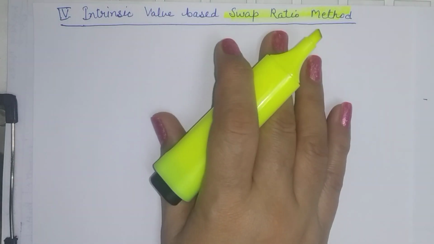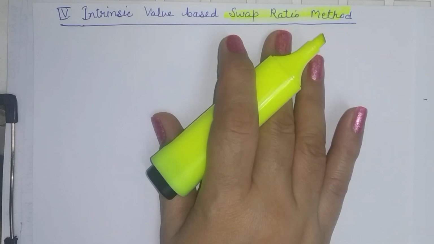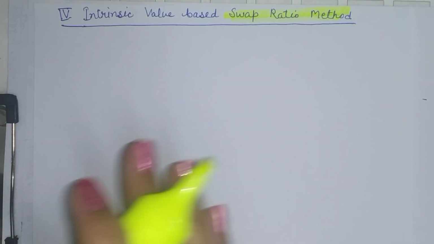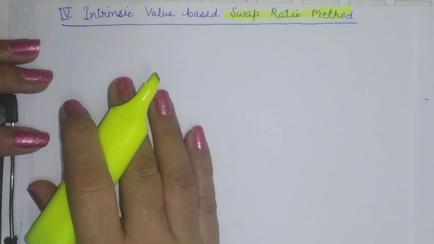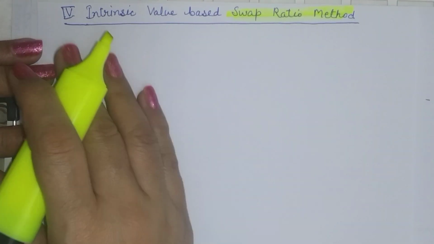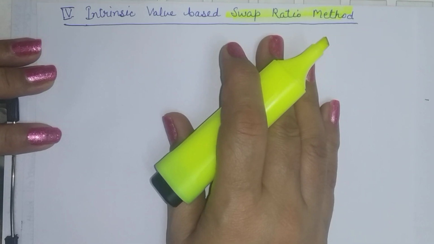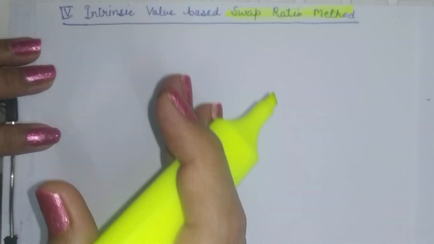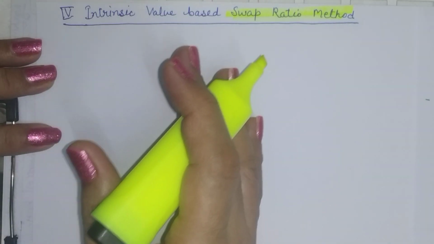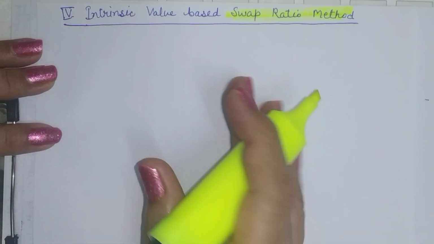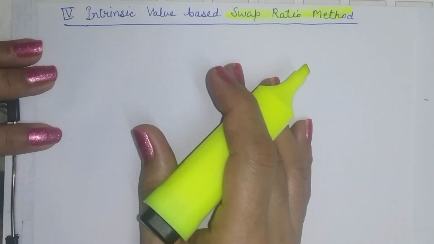But how will we determine this swap ratio? This swap ratio is based on intrinsic value. So we first need to calculate the intrinsic value of the shares, and then on the basis of the intrinsic value, the swap ratio is decided. In the second method, we had studied the net payment method, wherein one of the methods was the direct method, the second one was the swap ratio method.